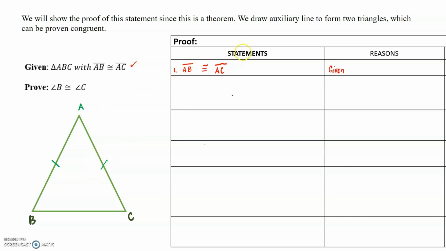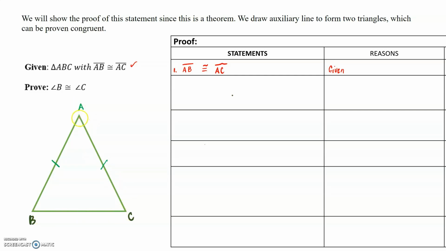Now, we need to draw an auxiliary line to form two triangles, because in our figure here, we only have one triangle, triangle ABC. So to help us prove the congruence of angle B and angle C, let's try to divide this triangle into two triangles by drawing an angle bisector of A that intersects BC at one point.